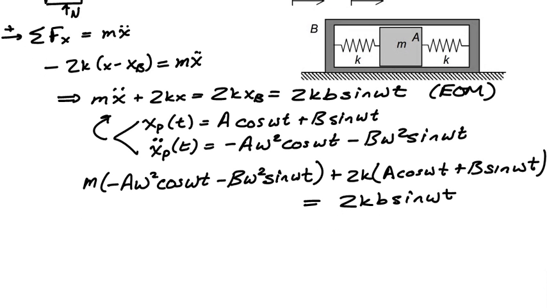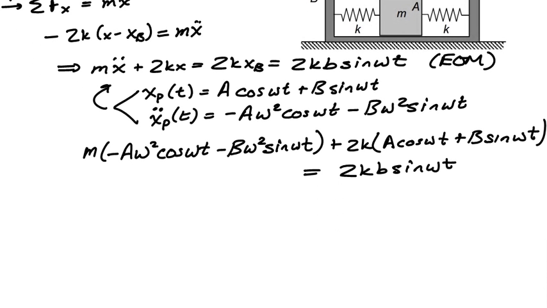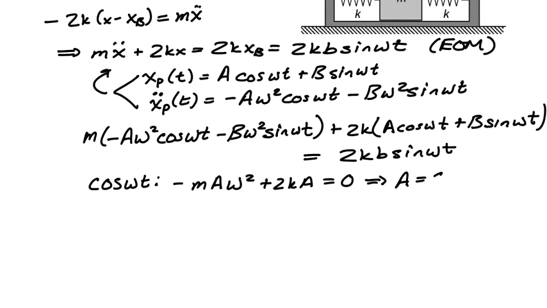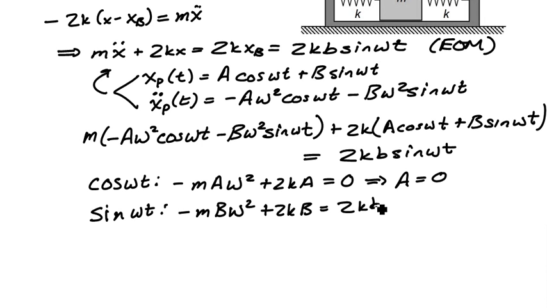Now I can separate out distinct trigonometric functions. Looking at terms multiplying cosine of omega t, I'll have minus m times A times omega squared plus 2 times k times A is equal to 0, which of course gives me the result that capital A has to equal 0. And looking at terms multiplying sine omega t, I'll have minus m times B times omega squared plus 2 times k times capital B is equal to 2 times k times little b.